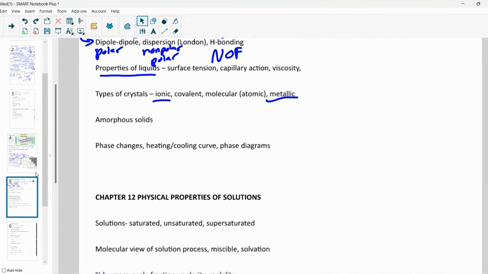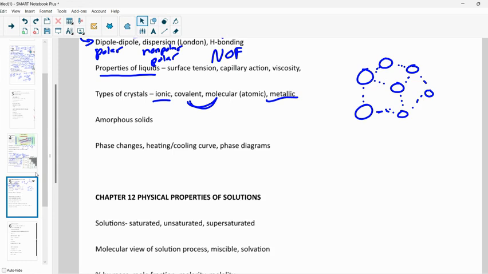These ones seem related, covalent and molecular. Right? We're picturing our solid, right? We got a bunch of circles, kind of like this, and there's some kind of attractive forces between these. And we're saying, what are those attractive forces?